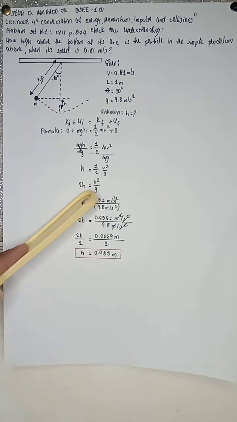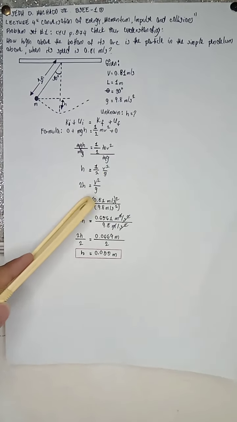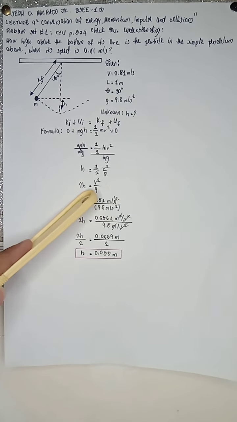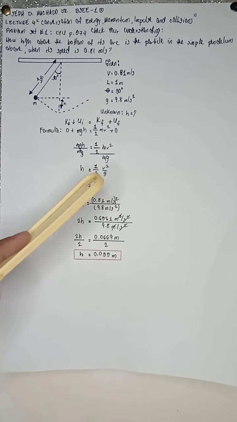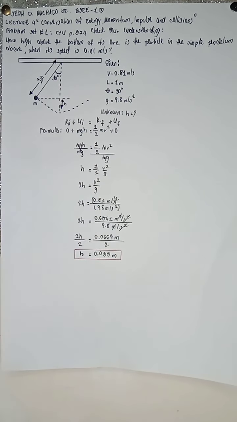So we substitute: 1 half is equivalent to 2h is equal to v squared over g, or velocity squared over gravity.